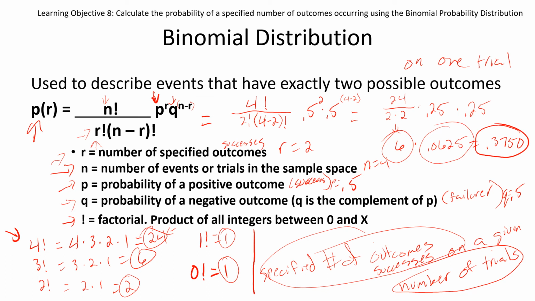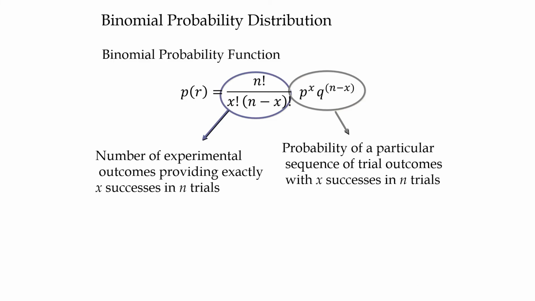Let's even expand on that a little bit more, what I mean by what's going on here and what's going on here. So what's going on on this left side? That's where we got the 6. So on the left side, that's the number of outcomes that provide exactly that number of successes in the N trials. So you'll recall in our flipping coins examples, we had exactly 6 cases where we would flip 2 heads.